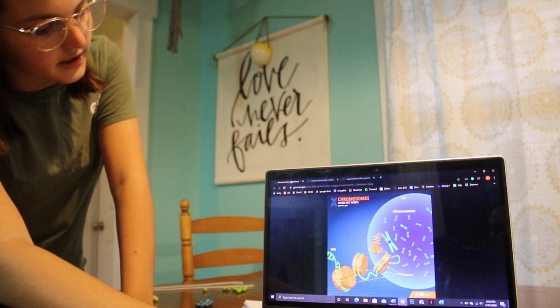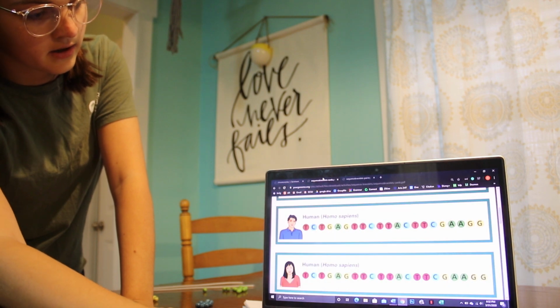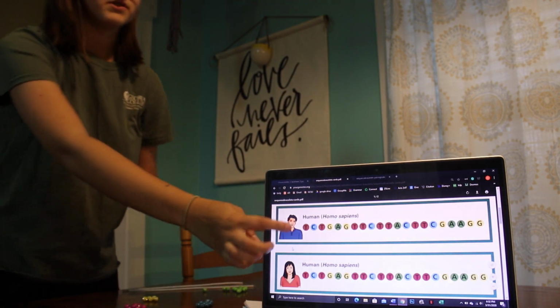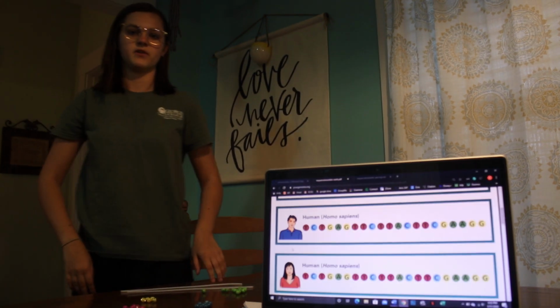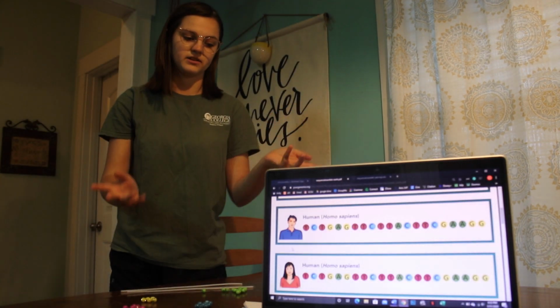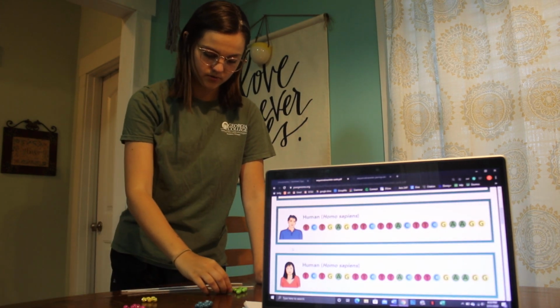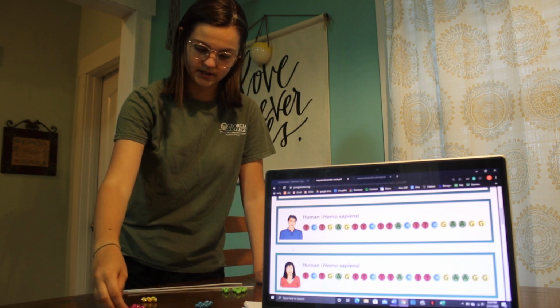We're going to move on so that you can see the DNA that we are going to be working with. You can choose the guy or the girl DNA. They're the exact same strands. They look the exact same, their coding is. And then we're going to go through and look at our different colors.